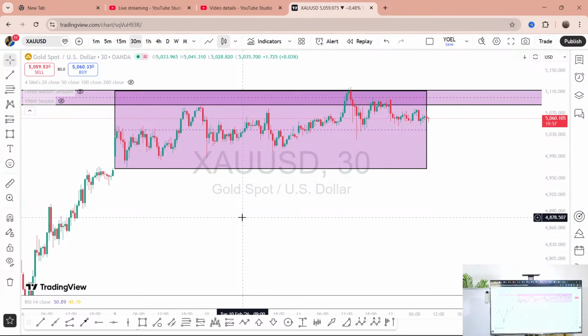Why will I not sell? My own personal bias is that price has been riding up and it's looking forward to break this place. The overall trend is bullish if you go to a more bigger time frame. So right now, there is no setup on gold. No setup.